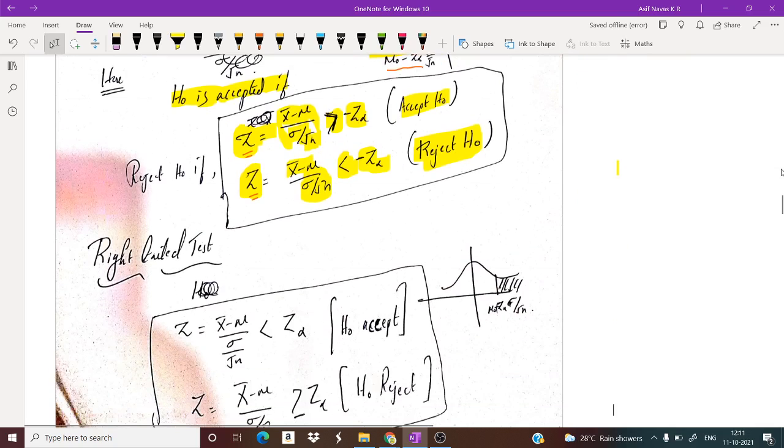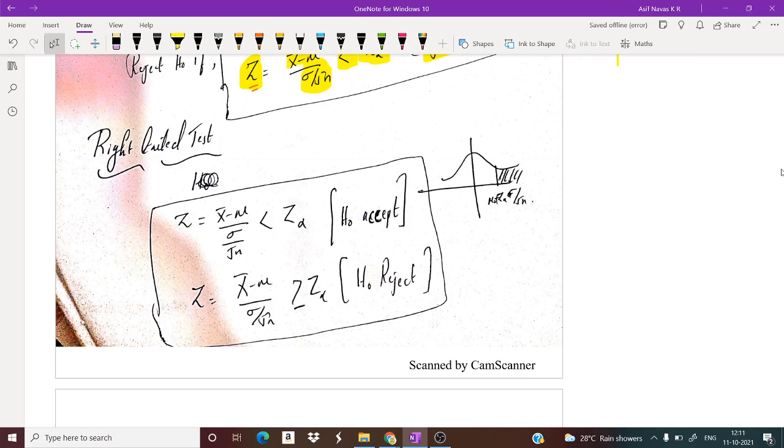So similarly, right-tailed test. So we know that in right-tailed test we have h naught is mu equal to mu naught, and we have to test whether h a is mu greater than mu naught.